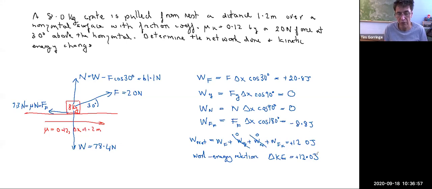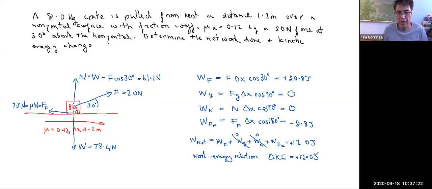We were able to calculate the work that's done by the force that was applied to the crate, by the gravitational force on the crate, by the normal force on the crate, and by the friction force that was acting on the crate. Once we had those individual works done, we were able to calculate the net work that was done on the crate, the overall, the total, the summed work that was done.